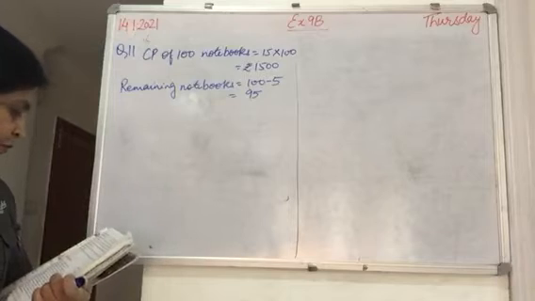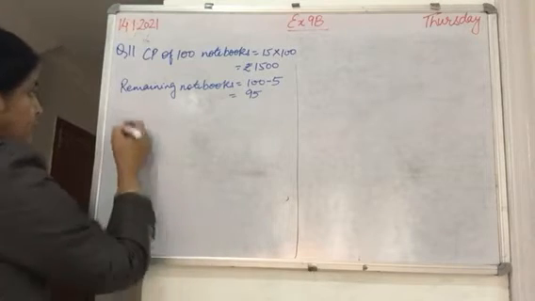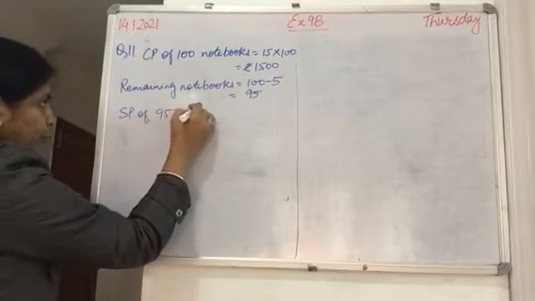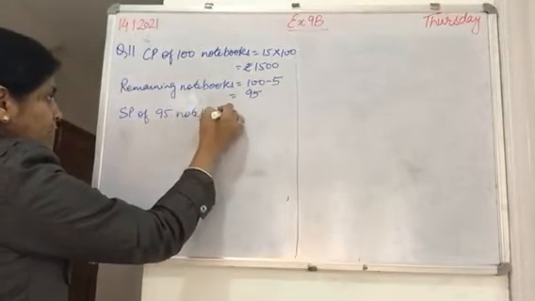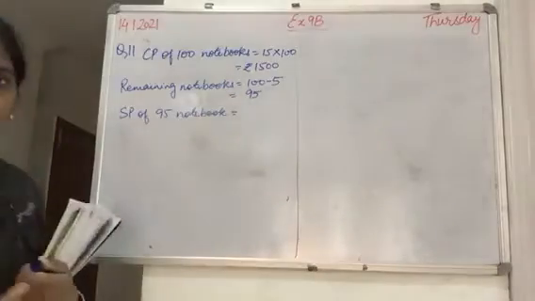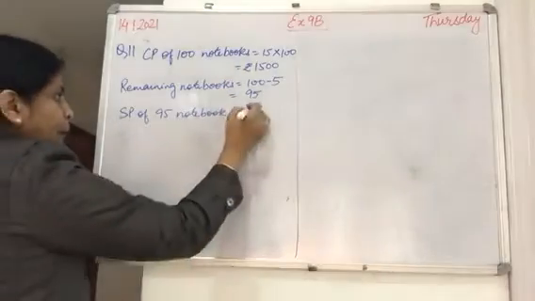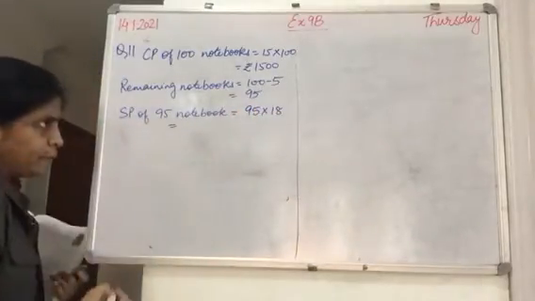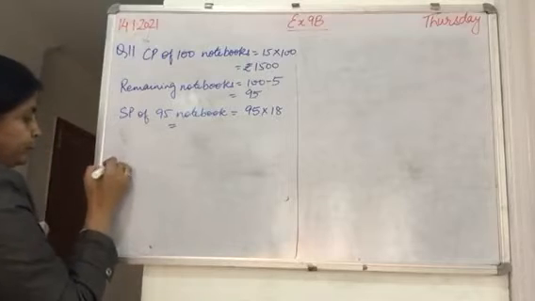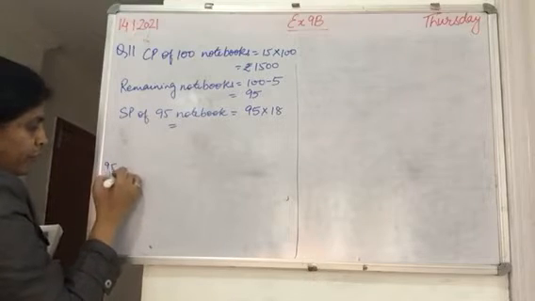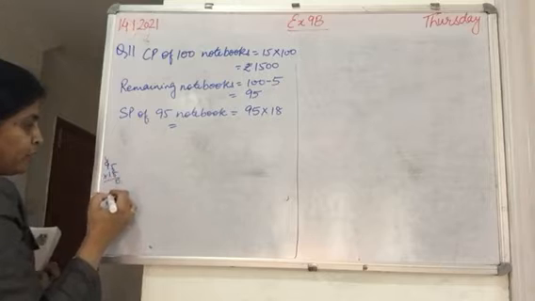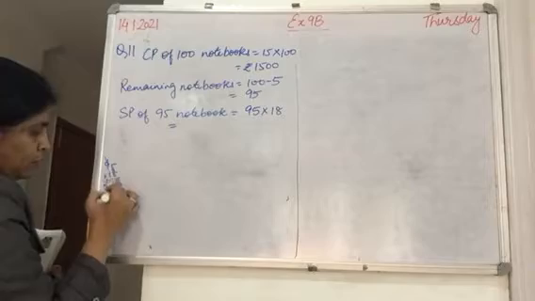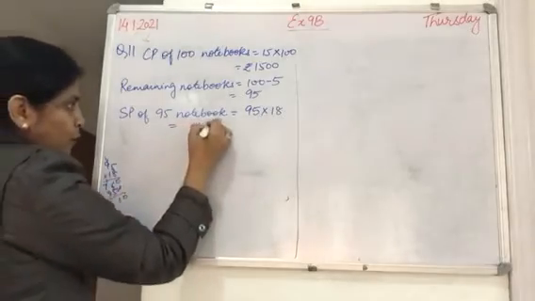Then he said that the remaining were sold at rupees 18 each. So selling price of 95 notebooks. Now students, he is already having a loss as he wasted 5 notebooks, so he has increased the selling price to rupees 18. So 95 into 18: 5 eights are 40, 9 eights are 72, 72, 76, 1710.